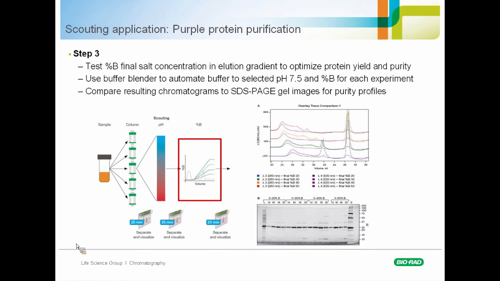So again, different runs here at different final %Bs, ranging from 0 to 20% B up to 0 to 50% B, as we can see here. And then we see the corresponding chromatography up here. Again, down here with the gels, we can see a nice strong enrichment of the target protein, and then we see the different levels of contaminant proteins that are also co-eluting.